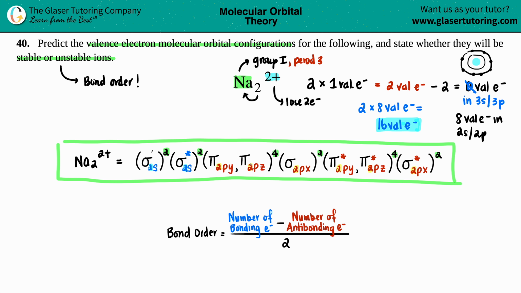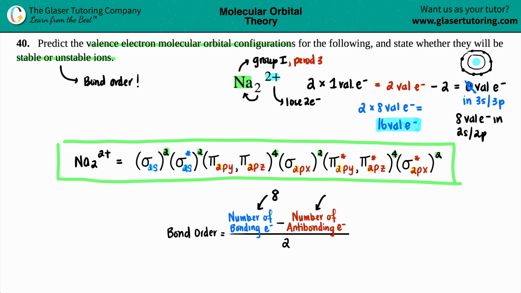So for bonding here, I have 2. This is antibonding, so that's not going to count. These are bonding, because I don't see a star, so 4. This one's bonding, because there's no star, that's 2. And all of these are starred, so that's antibonding. So 2 plus 4 is 6, plus 2 is 8. So I have 8 for my bonding.